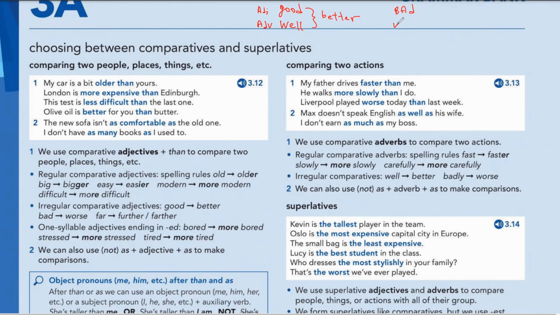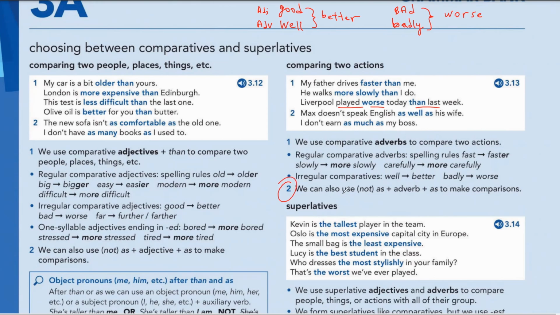The adverb is badly. And when I want to make a comparative, it will be worse. So the adjective and adverb of these words have the same comparative. That's why here, Liverpool played worse today than last week.